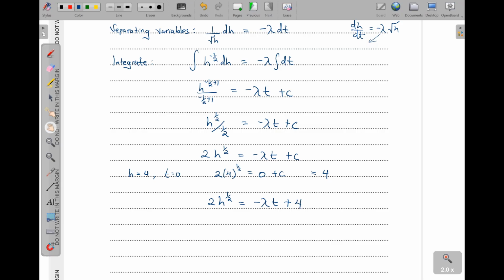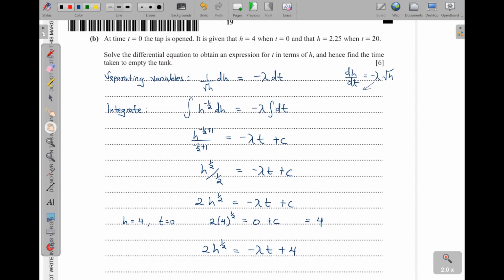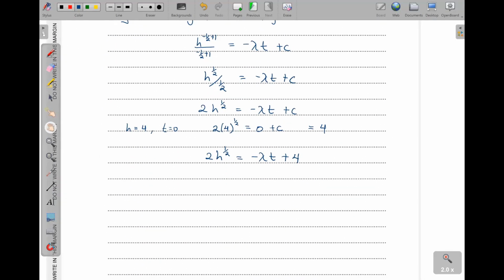Now we need to find the value of lambda. They gave us, when t is equal to 20, then h is equal to 2.25. H is equal to 2.25, and t is equal to 20. So substitute 2 times 2.25 to the power of a half. This one is going to be equal to negative 20 lambda, then plus 4.